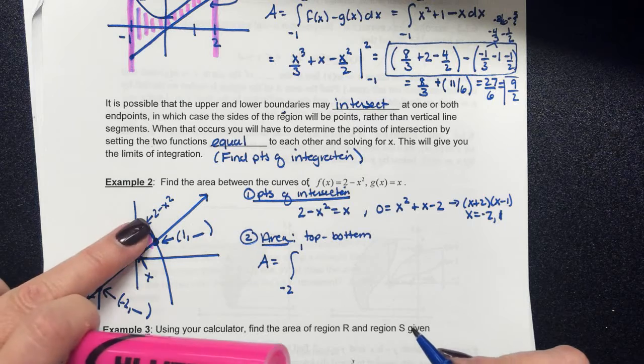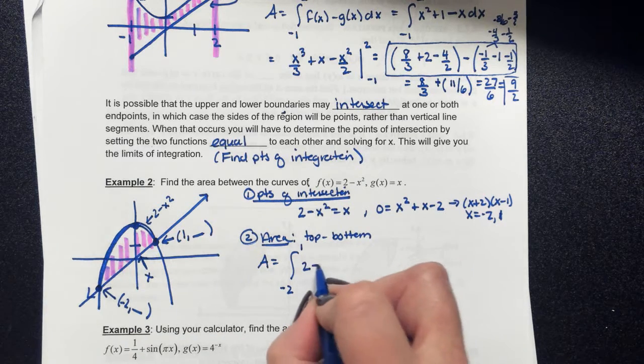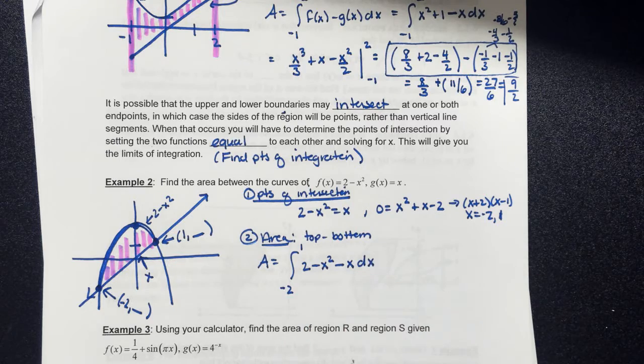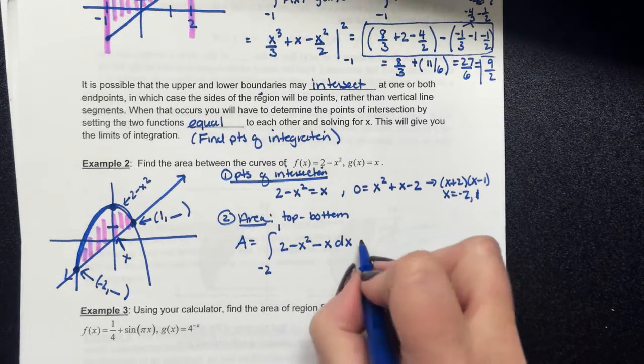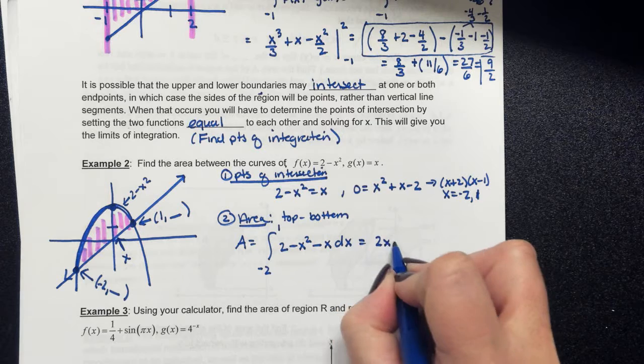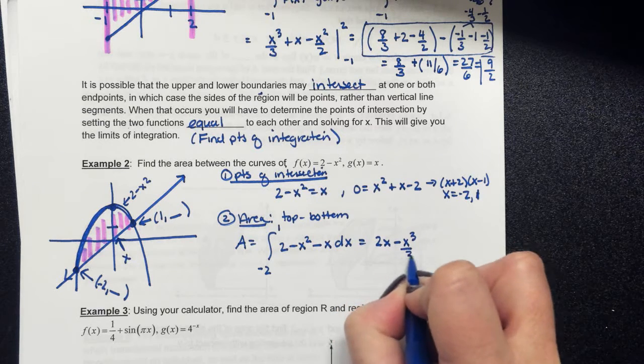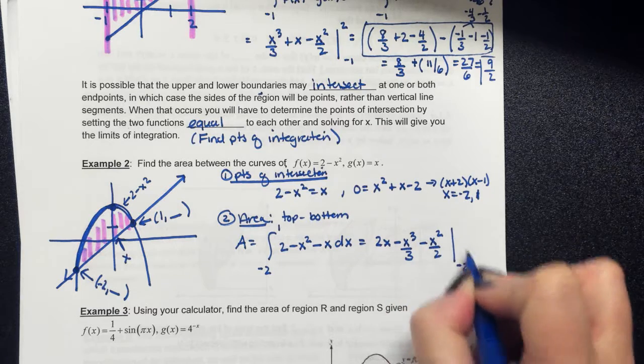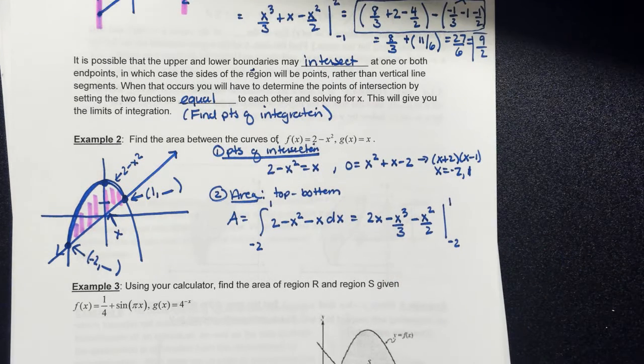Again, the function on the top is my f of x, which is 2 minus x squared, minus the function on the bottom, dx. So when I integrate, that's going to give me 2x minus x to the third over 3 minus x squared over 2. And again, I'm going to evaluate this from -2 to 1.